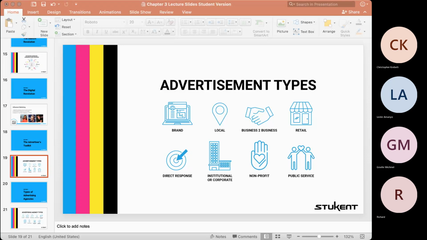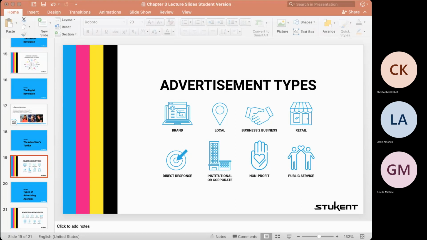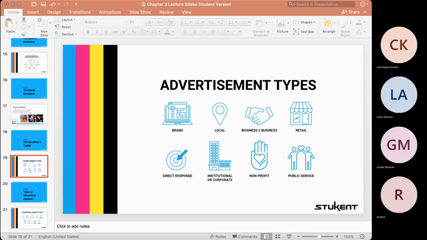Okay, you need a shoe, you can do the same. Then we have institutional or corporate advertising. Anytime we talk about an institution, we talk, for example, about a hospital, a school like Central University, or a corporation like a pharmaceutical company. So an institution or corporate organization that advertises on behalf of itself to build public trust, then you are dealing with institutional or corporate advertising.